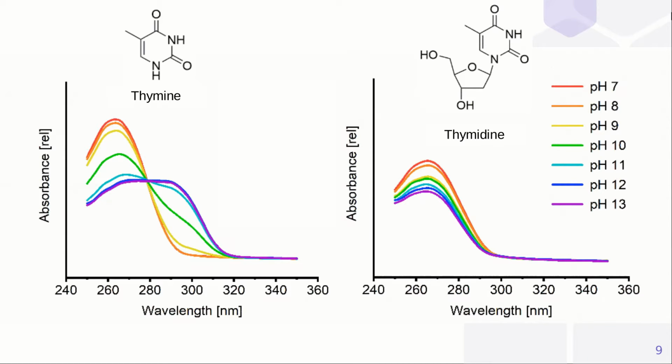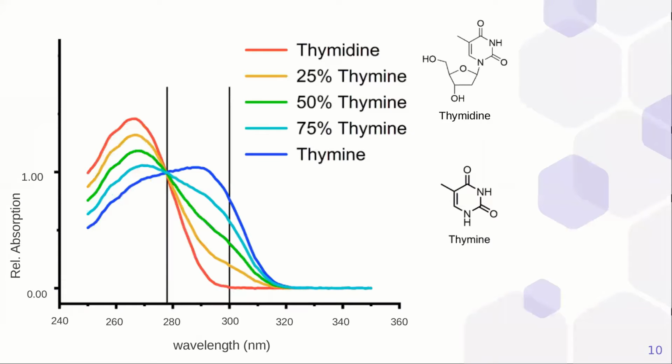And if you do the same to the nucleoside, it doesn't vary its form, just a little bit the absorption. And so you can use that difference to then rework what was the concentration of nucleobase and nucleoside in your solution. And because that's what we're interested in that reaction, it works really, really well here.